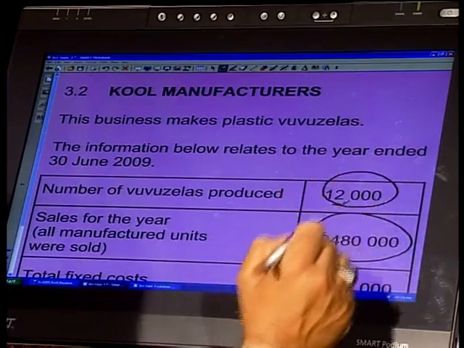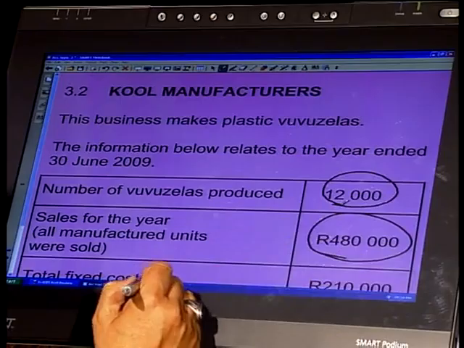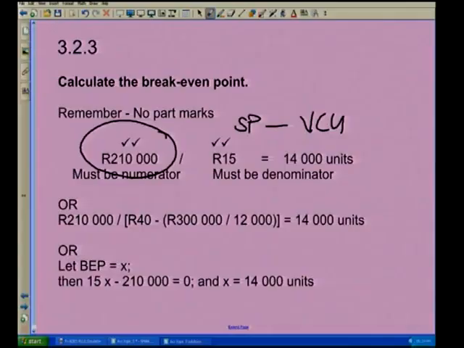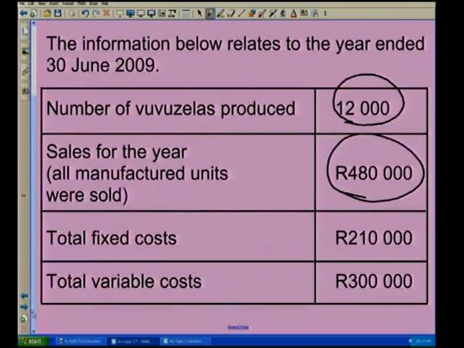Now, your selling price per unit, let's go to the question and see what we have. There's my selling price of 480,000. I've manufactured 12,000 units. If I do my maths, I'm going to get an answer of 40. So here, the selling price per unit would be 40 minus variable cost per unit.